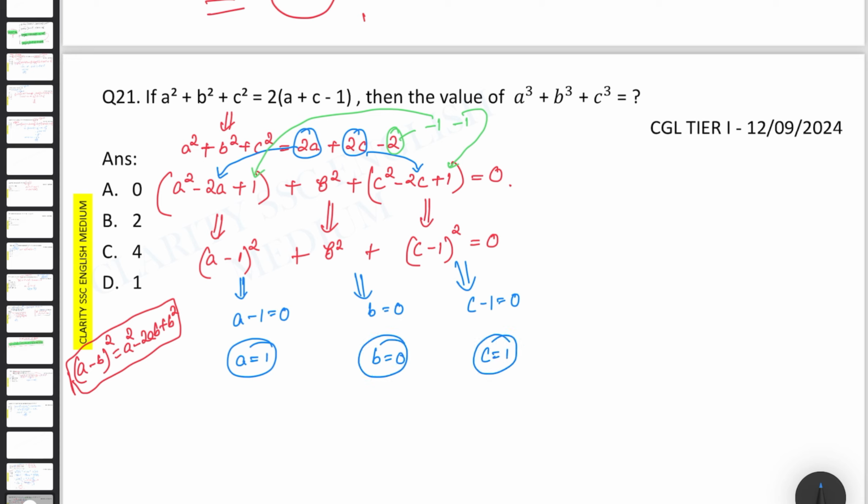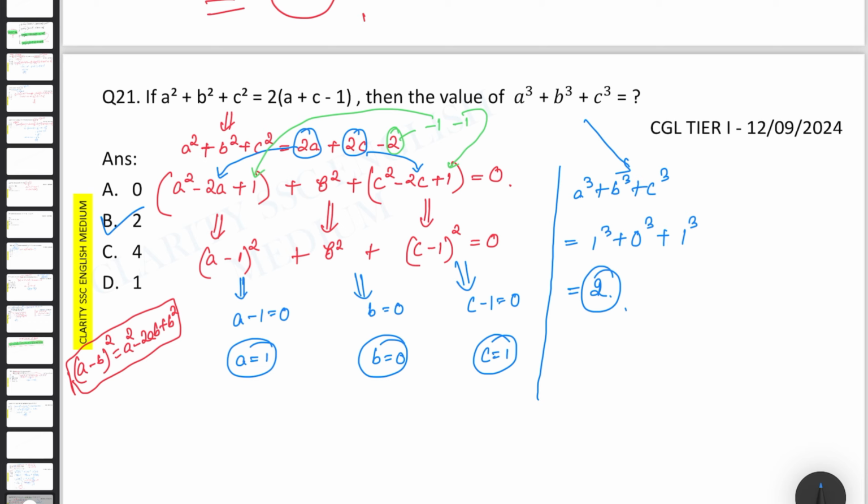So we get the individual values of a, b, and c. So we can find the value of a cube plus b cube plus c cube. It's nothing but 1 cube plus 0 cube plus 1 cube. It's obviously 2. So 2 is the correct answer. Option number B, 2, is the correct answer.